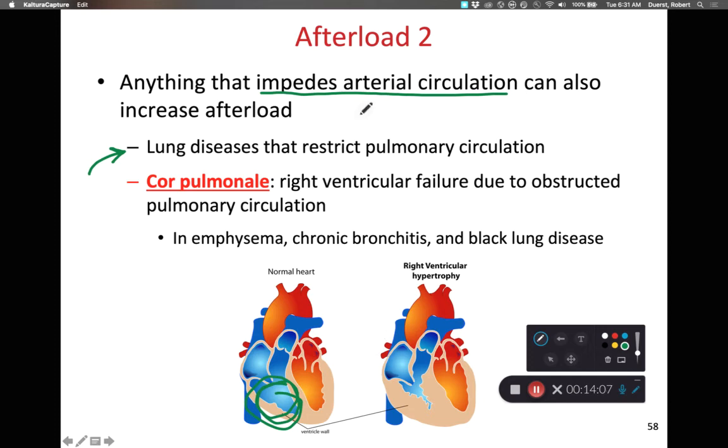So if somebody has some kind of pulmonary restriction or pulmonary disease that's restricting circulation, that ventricle is going to have to work really, really hard to overcome the excessive amount of afterload being placed on it. And what we find is that we'll have hypertrophy of the wall of the ventricle.